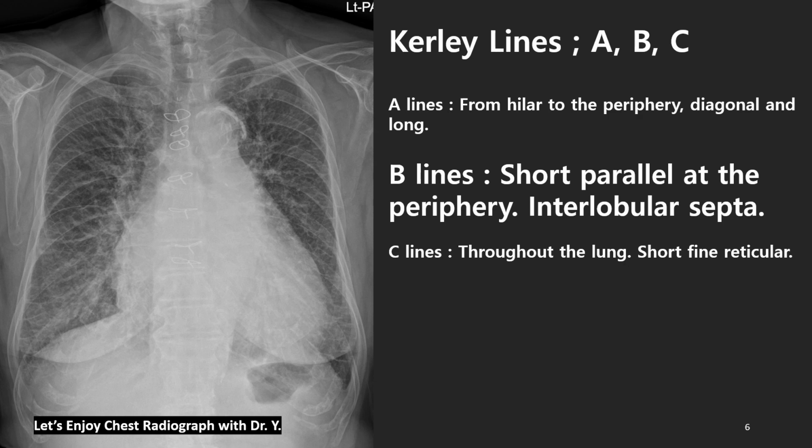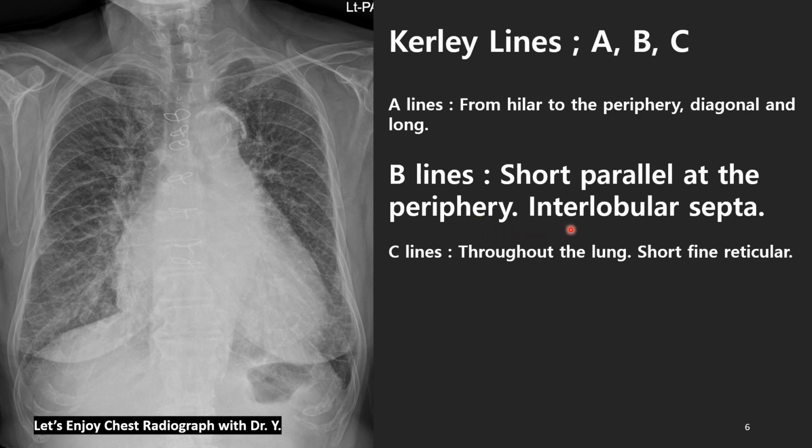Once, the Irish doctor Kerley named several lines from A, B to C. First, A lines, from the hilum to the periphery, usually a diagonal pattern and long. B lines, short parallel lines at the periphery, especially the CP angle area.